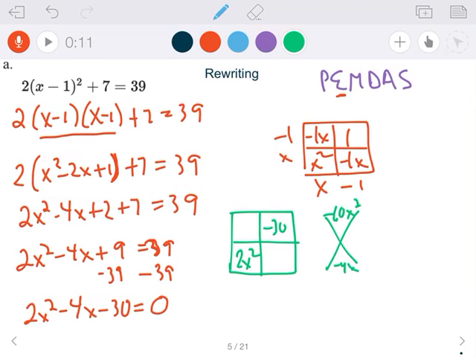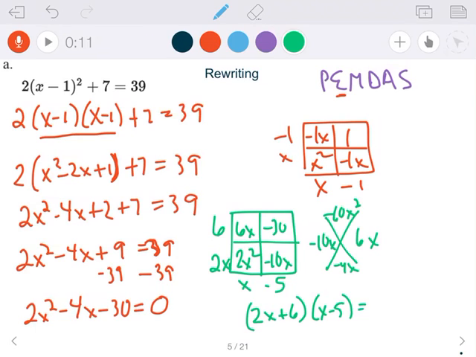So 6 and 10. So negative 10x, positive 6x. I can put the 2 in either place here. I'm just going to put it there. And I get these factors of 2x plus 6 and x minus 5 equals 0.